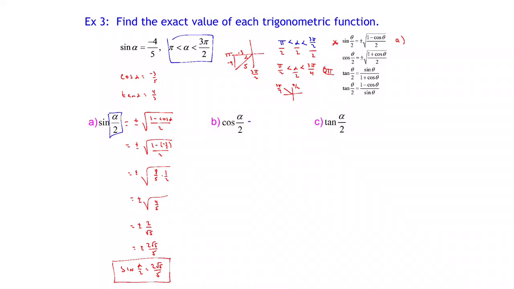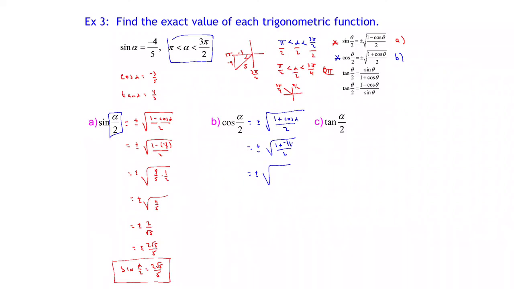Alright, cosine of alpha divided by 2. So now we will look at the cosine formula for half angle. That'll be plus or minus the square root of 1 plus cosine of alpha divided by 2. So cosine of alpha is negative 3/5 again, but it's 1 plus negative 3/5 divided by 2.